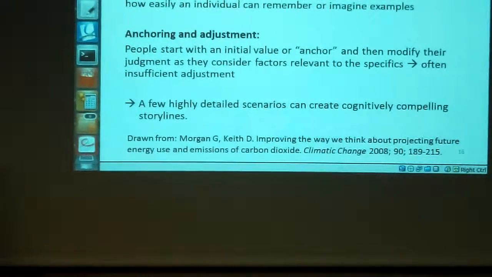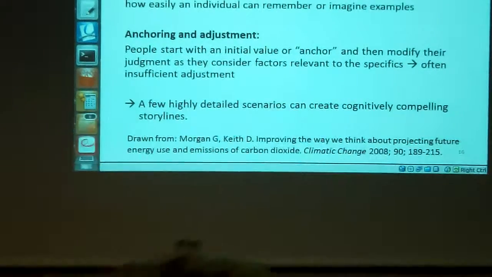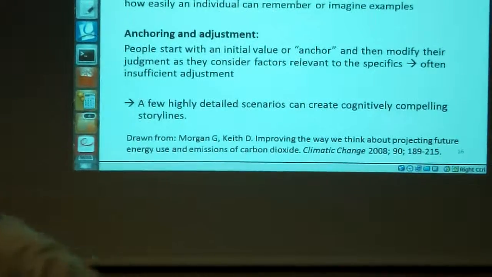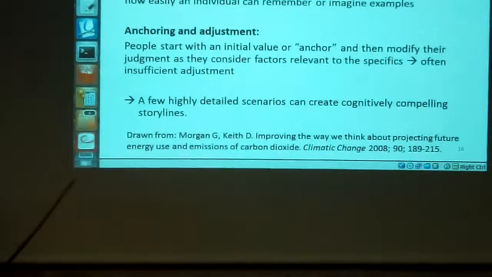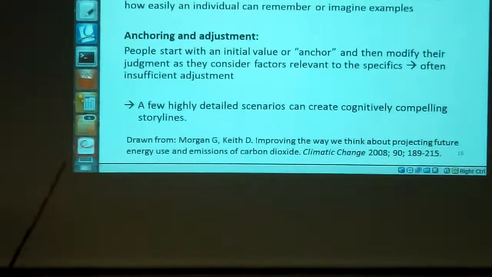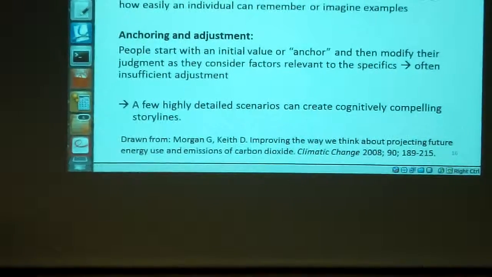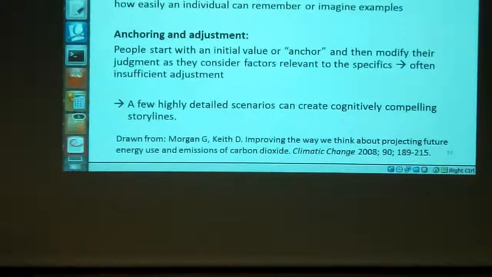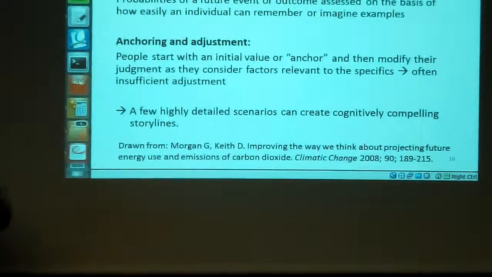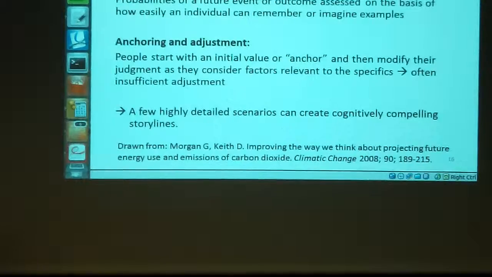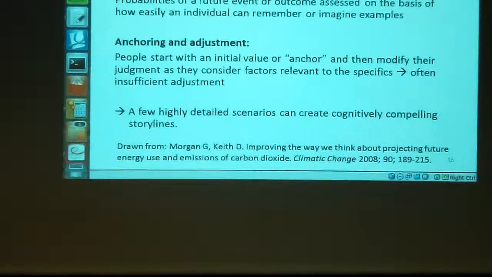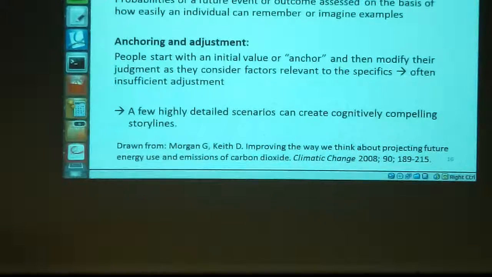Another example is called anchoring and adjustment. You give people a bit of data or an initial value, and that serves as an anchor. When you give them additional information that should perhaps change their viewpoint, they generally don't adjust their position enough. So in the face of additional information, they anchor on that initial piece of information, and they don't make the proper adjustments.